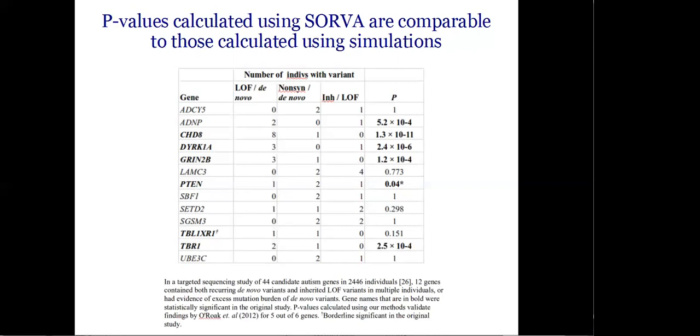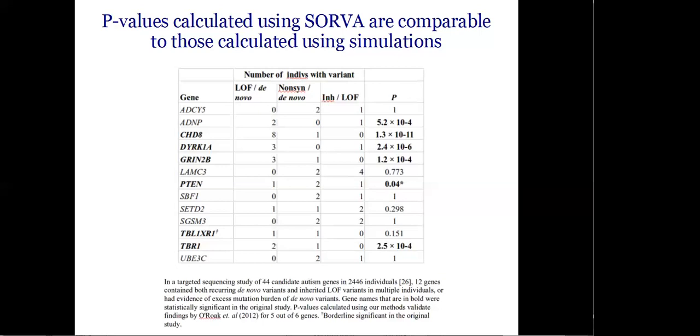In the initial study, they found that 6 genes were statistically significant. These researchers did simulation studies, simulating the mutation rate in the genome to get to these p-values. The 6 gene names that this study found significant are marked in bold in the first column.